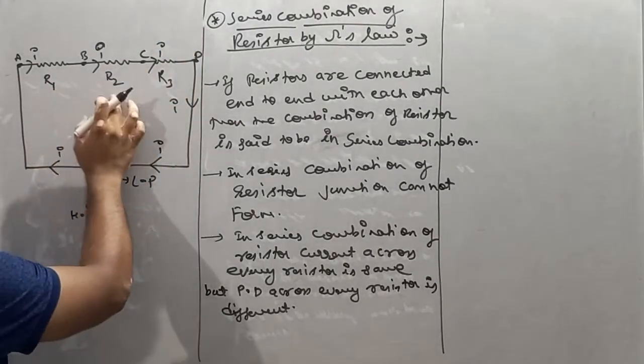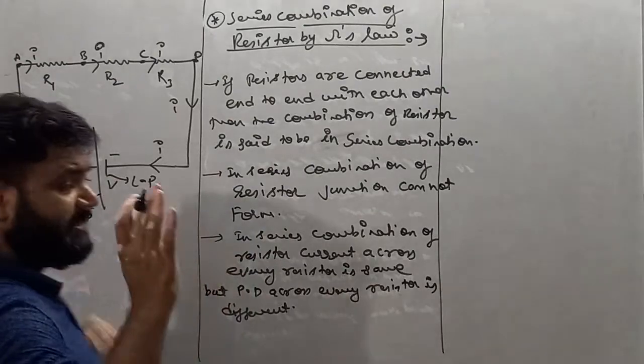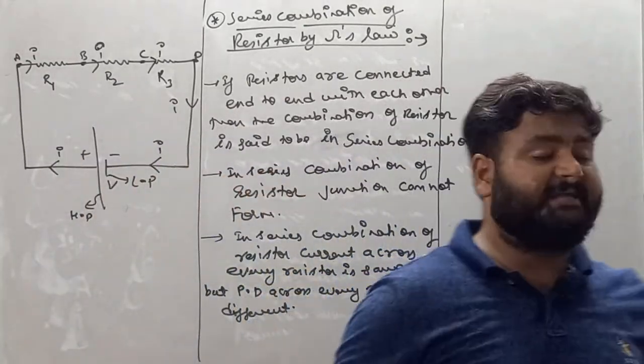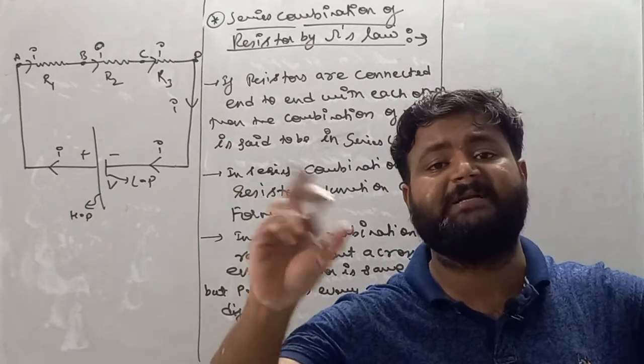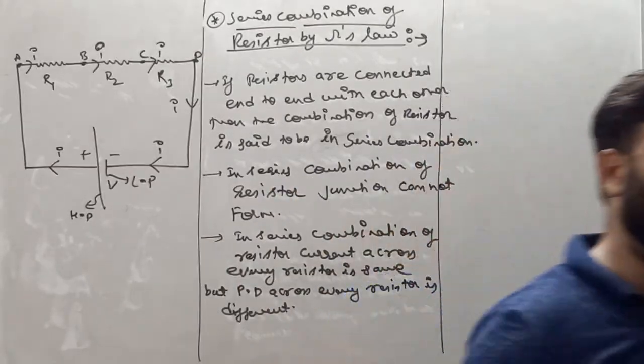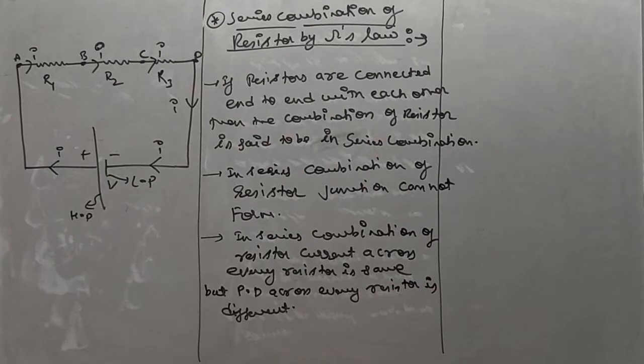So current across every resistor is the same, but remember, my dear student, current cannot flow from one point to another if the potential between the 2 points is the same.